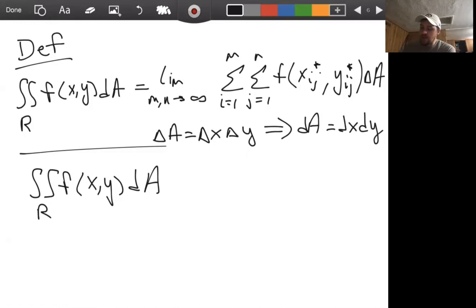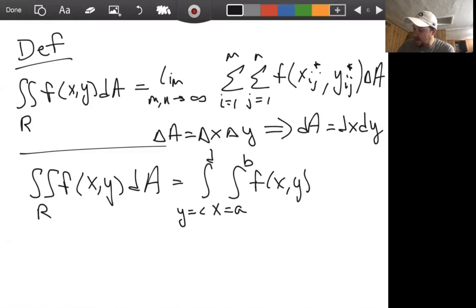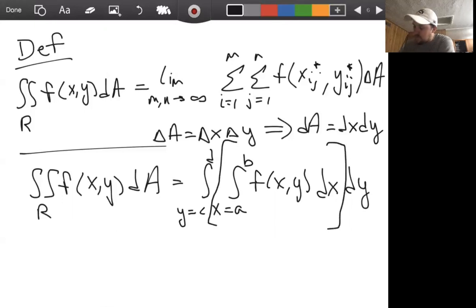And so we can write this as a so-called iterated integral, the integral from x equals a to b and y equals c to d of f of x, y dx dy. What this means is you take the integral of f of x, y with respect to x first, and then you take the integral of that integral with respect to y, okay?